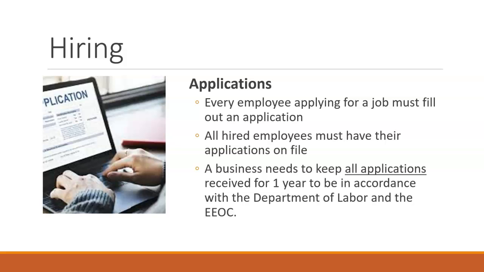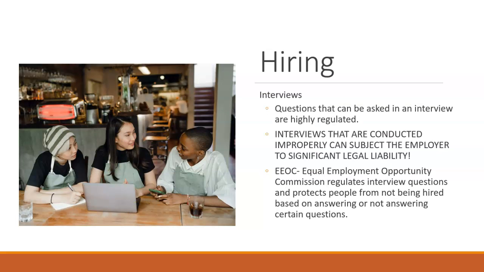That means that every single person that comes in has 1 year to file that there was some sort of discrimination against them during the hiring process. The first thing that anybody in the investigation will do is come to your establishment and say, where is this person's application? And you have to have that. That's why most companies now do them online, so that they always have that on file.